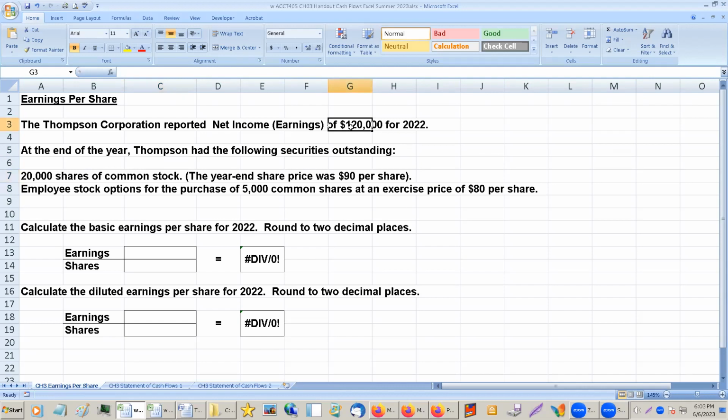And basically you just put their earnings, this is just net income, and you divide it by the number of shares. Now they have 20,000 shares of stock outstanding. So we'll put 20,000 in here. And so it comes out to be $6 per share. So this is our earnings per share.